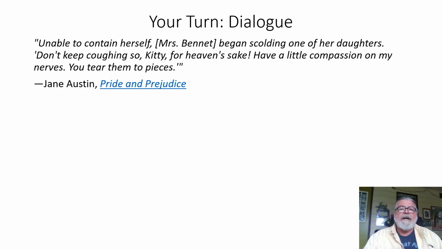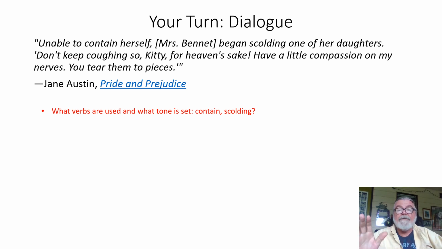So what does this character say? What does that reveal about the type of person that character is? So I ask myself questions. What verbs are used and what tone is set? Unable to contain herself. Well, that's negative. Remember we had on the wall positive, negative tone. If she can't contain herself, that's negative. So I could write about tone. She's scolding her daughter.